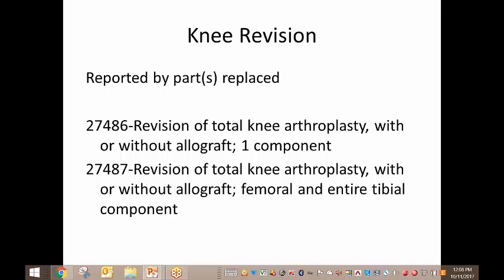Now, when we're using these revision codes and removing the old prosthesis at the time, so we're basically taking out the old and putting in new, you cannot report the removal codes with those. It's already included in 27486 and 27487.